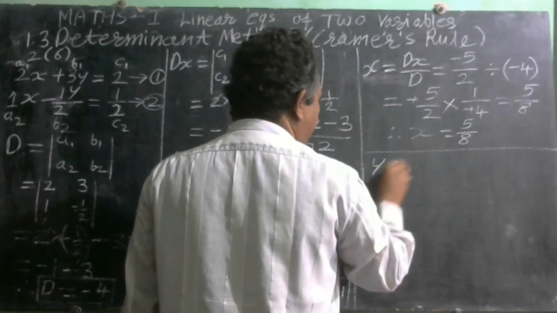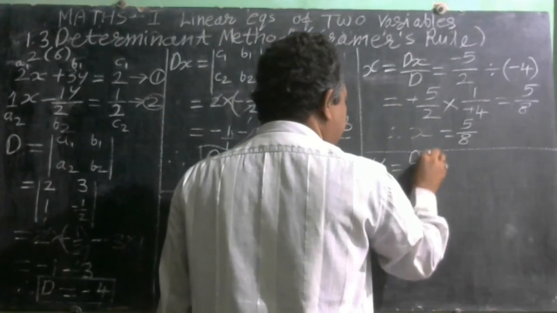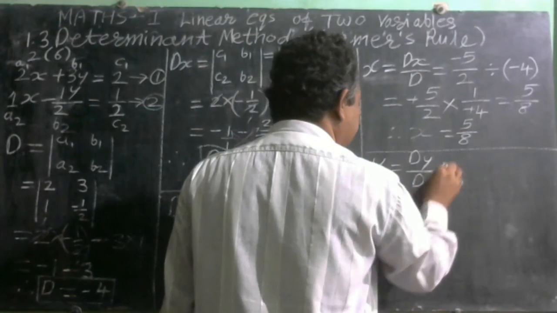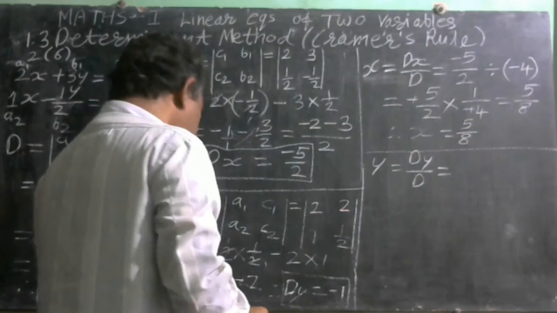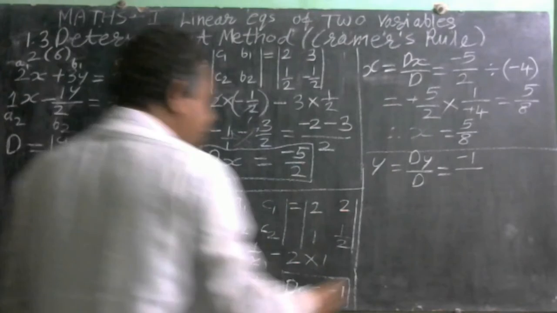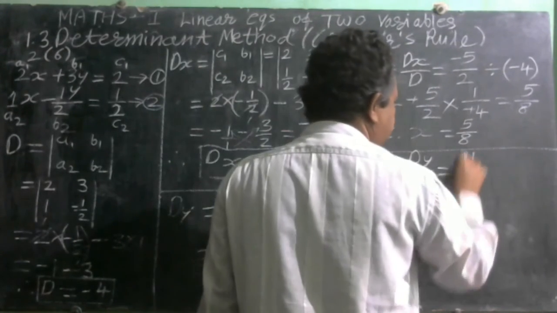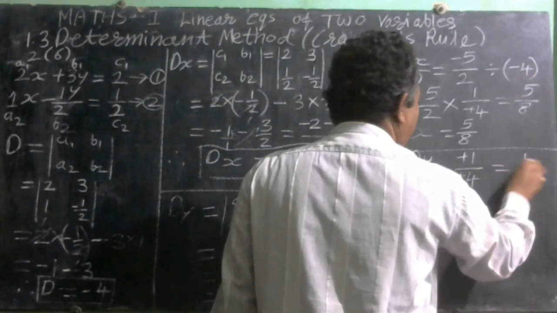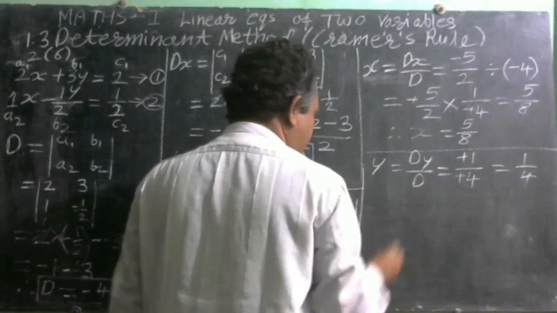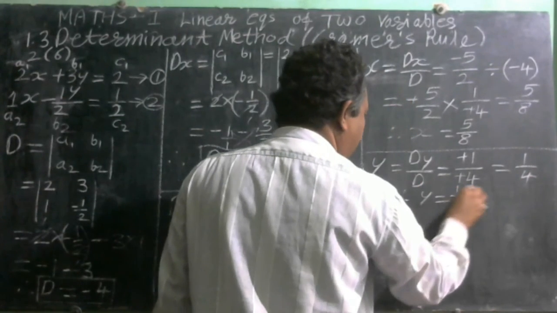Now find the value of y. y will be Dy upon D. That means Dy is minus 1 divided by D is minus 4. So we get 1 upon 4. Therefore y equal to 1 upon 4.